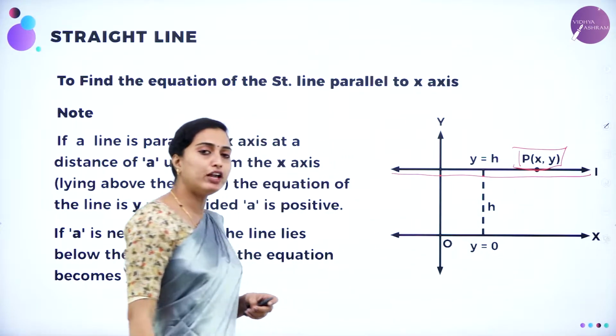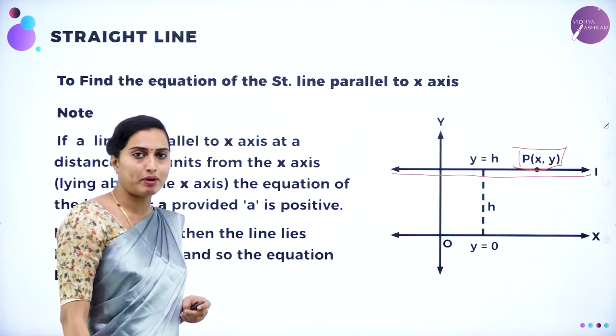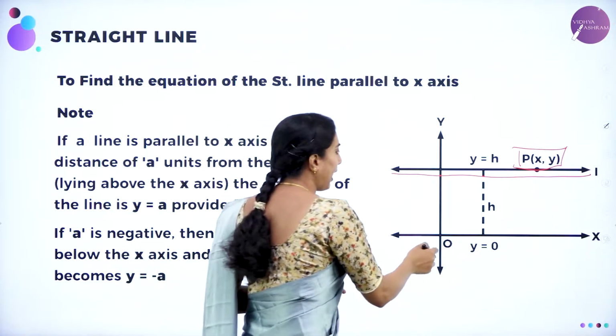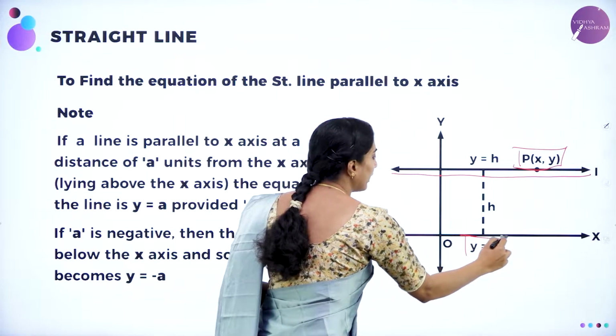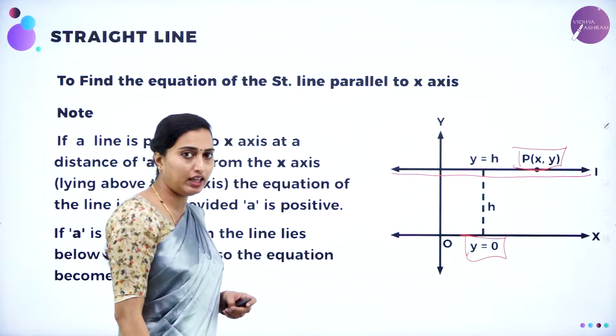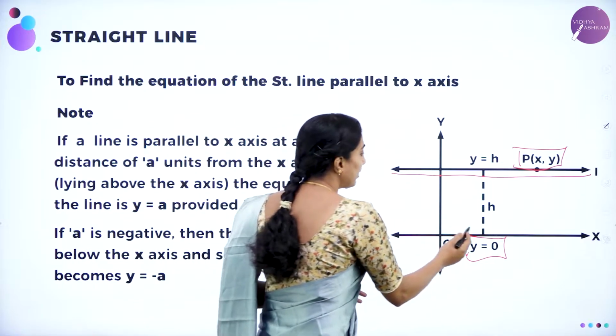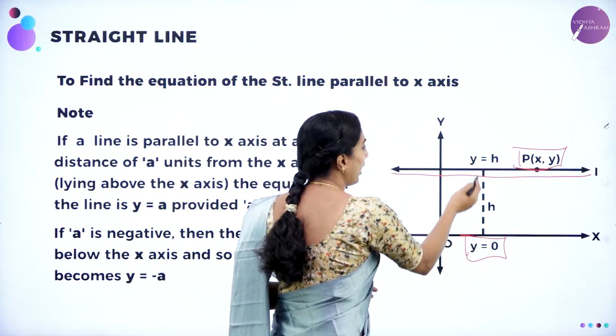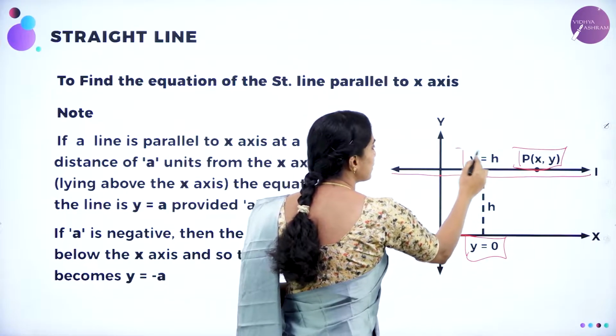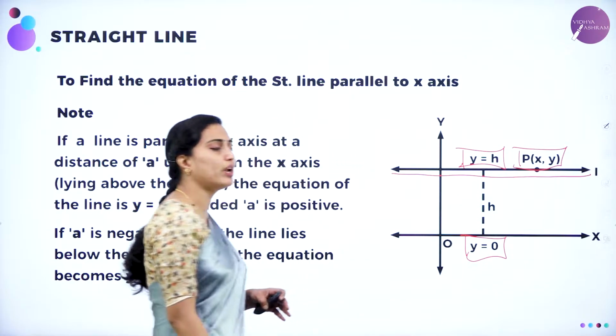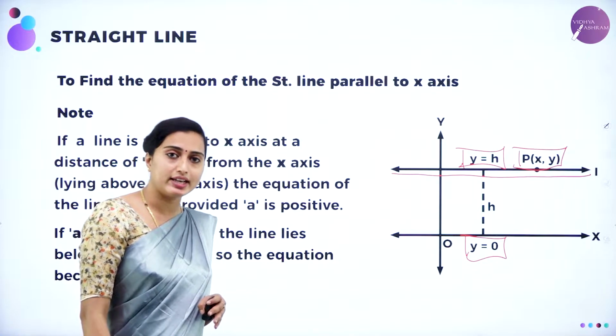Since the line is parallel to the x-axis, the y-coordinate will be constant, and the distance of y will be equal to h. That is the equation of a straight line parallel to the x-axis.